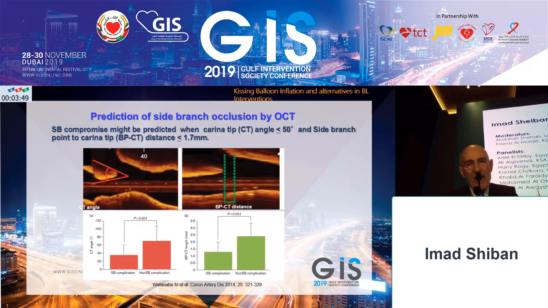What we have today is something on POT, of course, which actually can be predicted by intravascular imaging, particularly in big bifurcation lesions. This depends on the angle of the tip of the carina and the distance of the tip of the carina from the opposite side of the side branch.